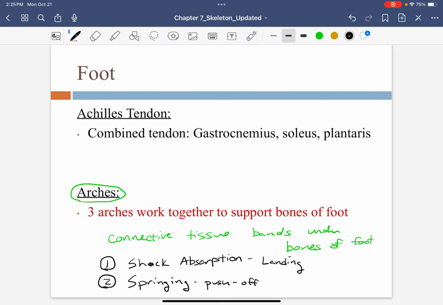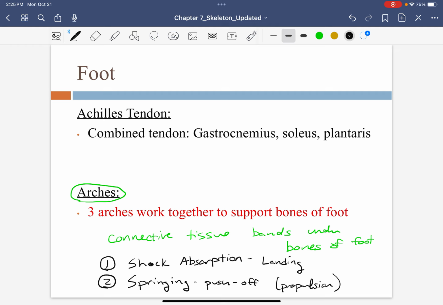But after we stretch that arch, then the arch will recoil as we toe off, and that recoiling acts like a rubber band, and it gives us some propulsion. So another way of saying that springing is propulsion. We wouldn't have the ability to push off with as much force as we do without this arrangement.